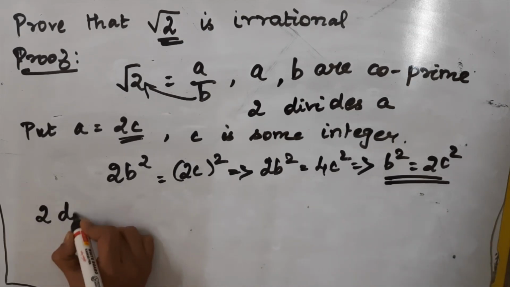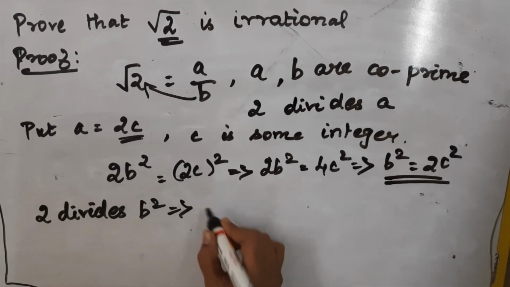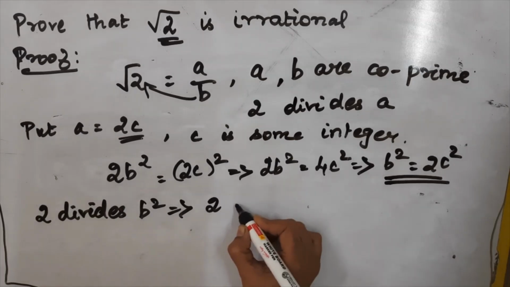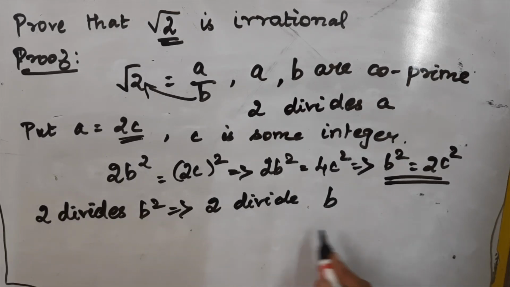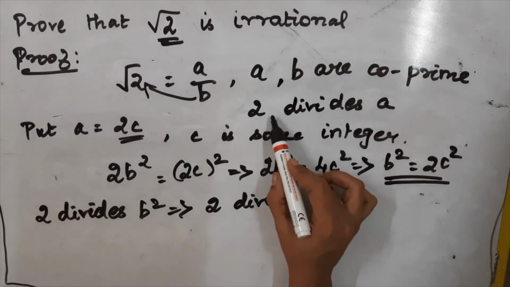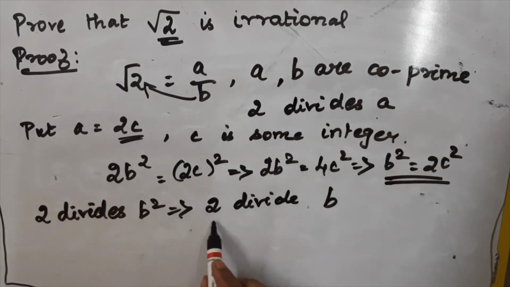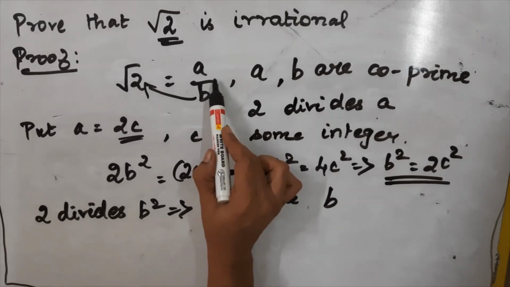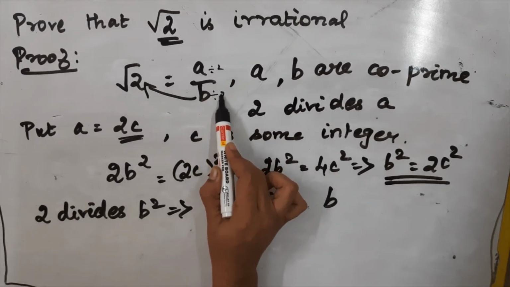2 divides b square, so 2 will definitely divide b. 2 divides a is proved in the first part, and in the second part 2 is dividing b. Here a is getting divided by 2 and b is also getting divided by 2.